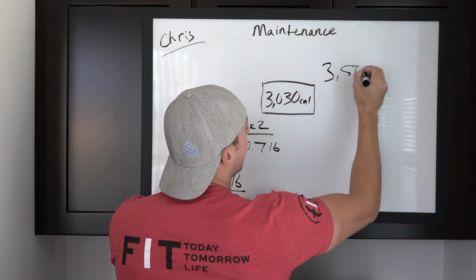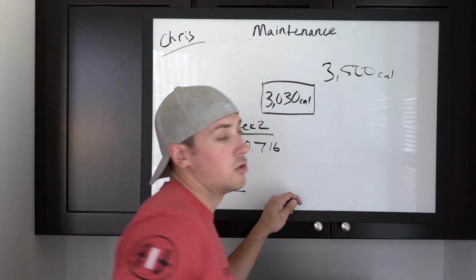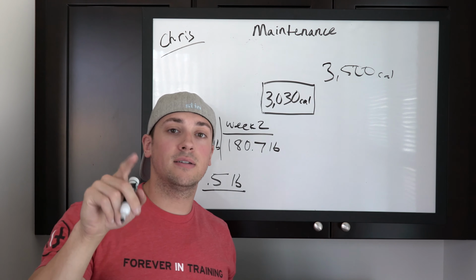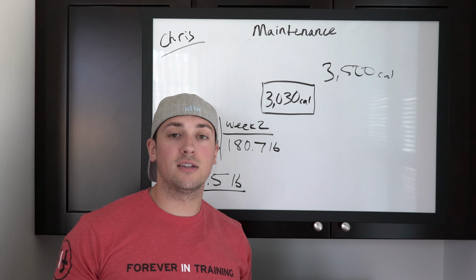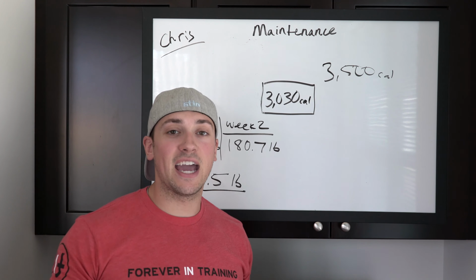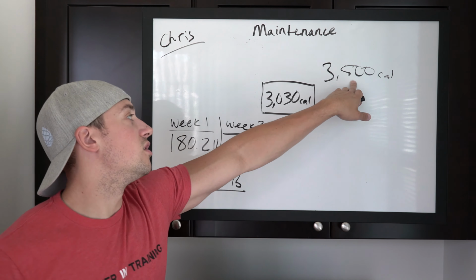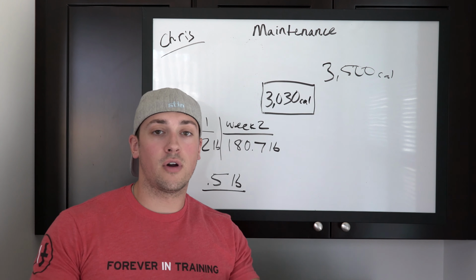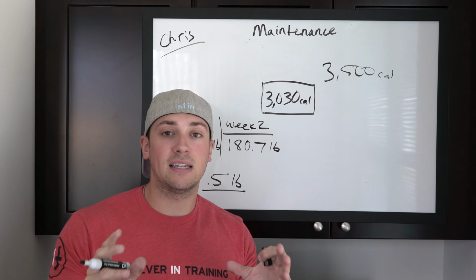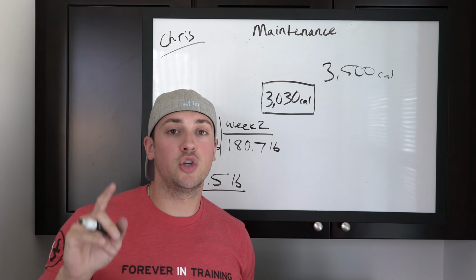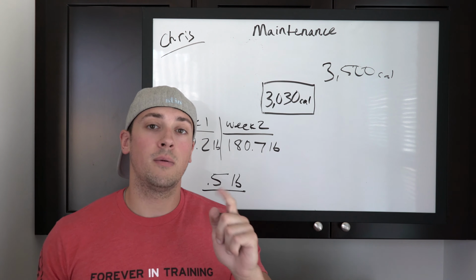And this works for males and females. I repeat, this works for males and females. So if you were to subtract 3,500 calories from your weekly maintenance caloric intake, you're going to lose 1 pound.